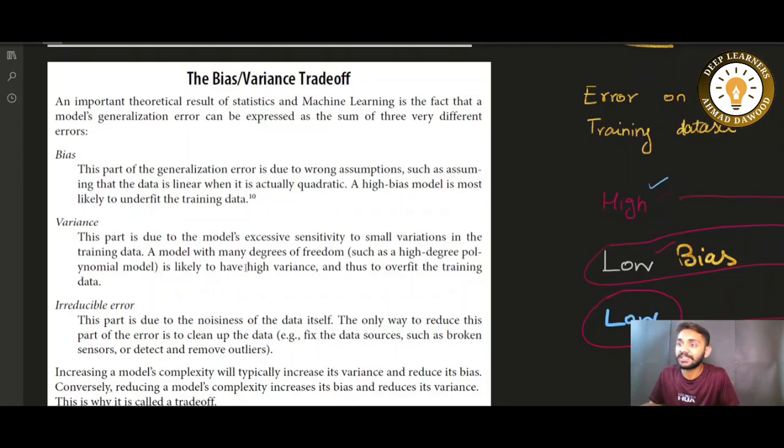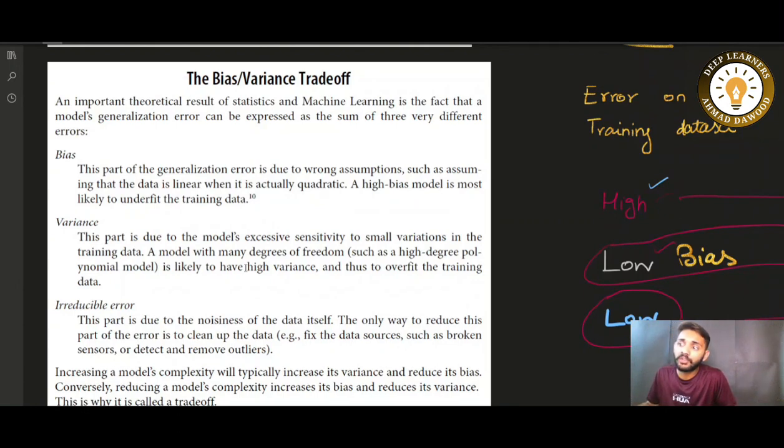Now the variance is due to the model's excessive sensitivity to small variations in the training data. It means that your model is also capturing the exceptions and noise during training. They have mentioned it very well here: the model's excessive sensitivity to small variations. It is capturing even the very small variations of your data points during training.